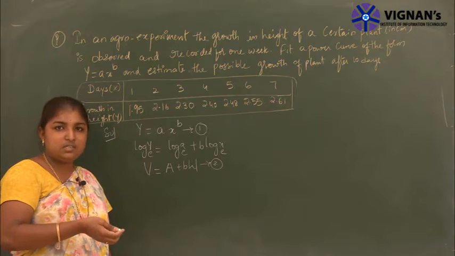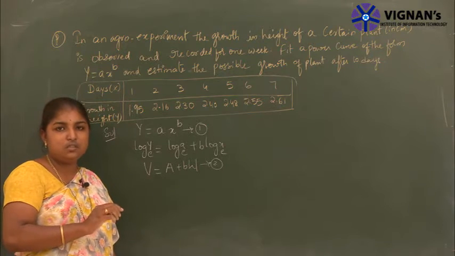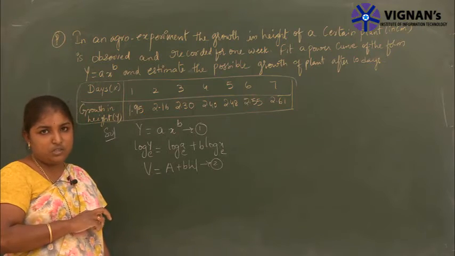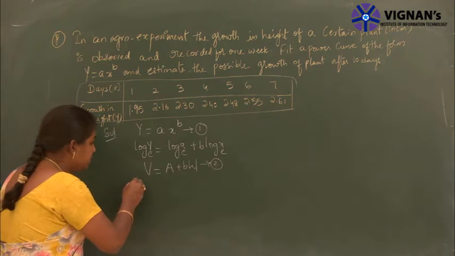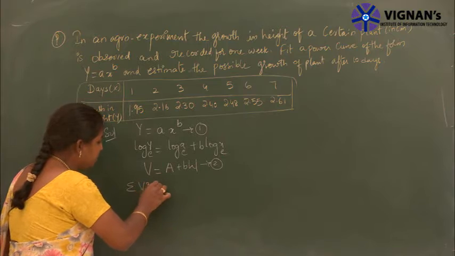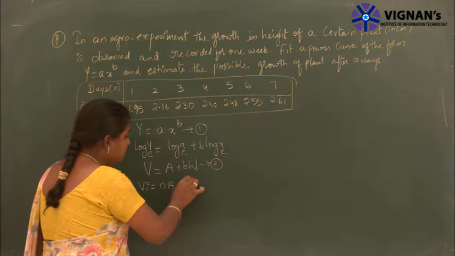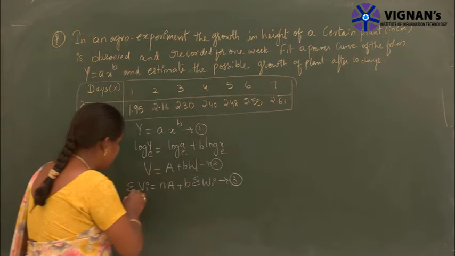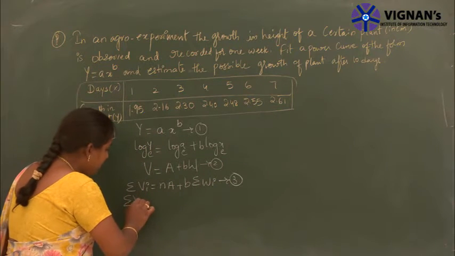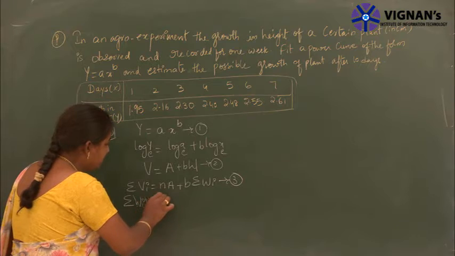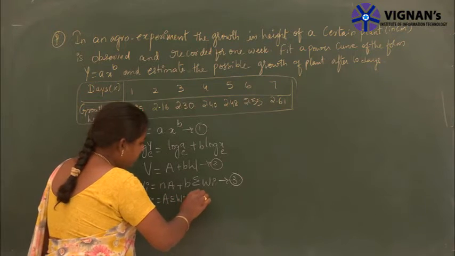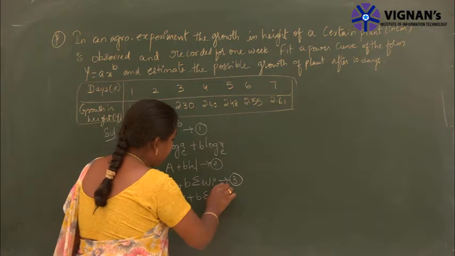Using the method of least squares, now we want to write down the normal equations for this straight line equation. The two normal equations are summation vi is equal to na plus b into summation wi. Let it be equation 3. Summation wi into vi is equal to a summation wi plus b summation wi square.